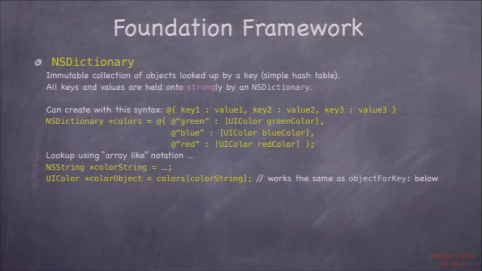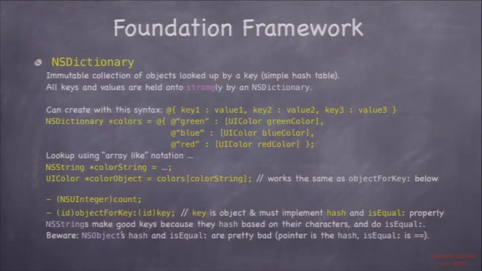It would return nil if there's no such key in there, and it will return the value, the actual UIColor. We're going to talk about UIColors in a couple of slides. So this is also really cool syntax for accessing stuff. These @ square brackets, @ curly brace, @ parentheses are a big improvement to Objective-C.